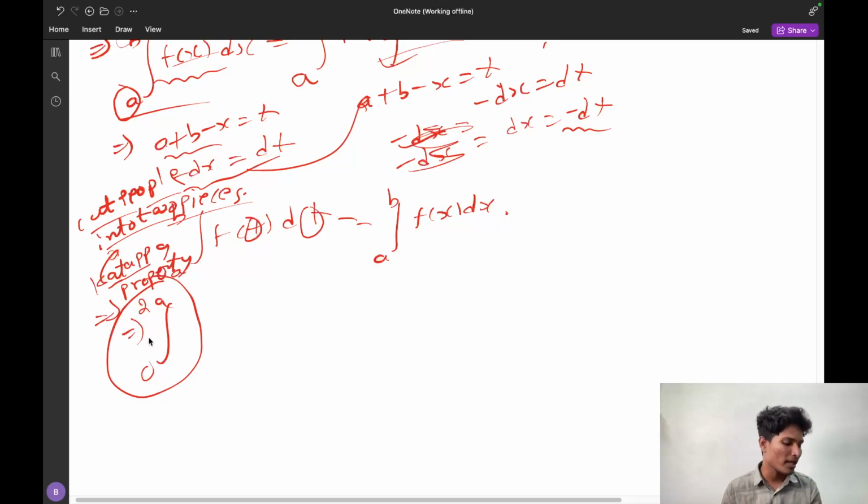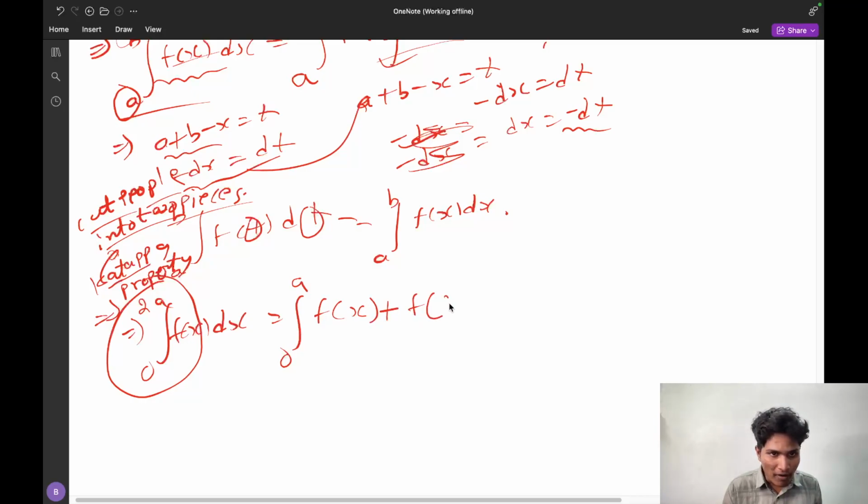That is 0 to 2a, f of x dx is equal to, I can split this one as 0 to a, f of x plus f of 2a minus x dx. This is the answer. This entire thing is a property of Katappa.